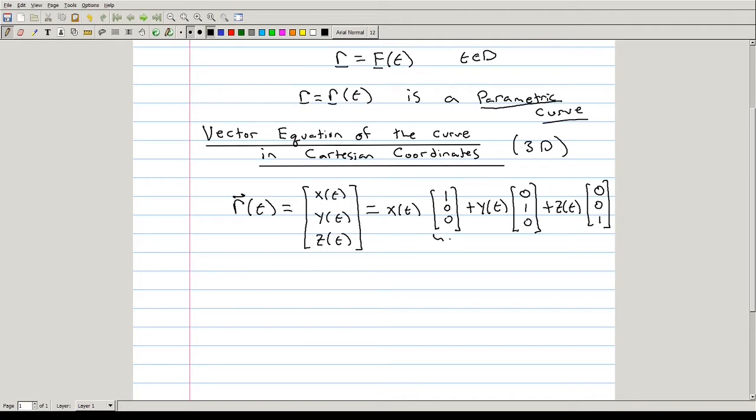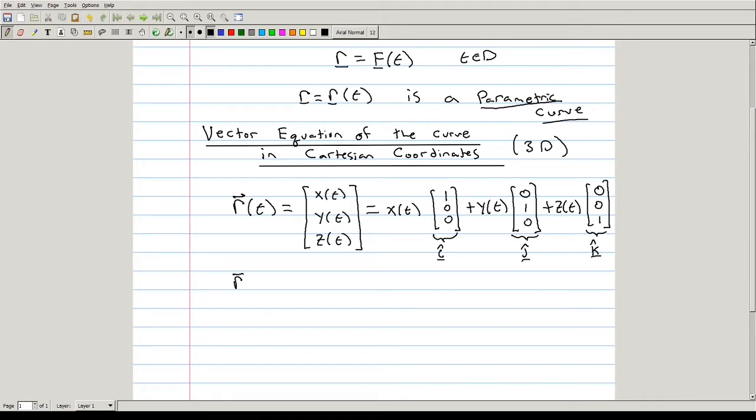Typically, notation-wise, we can call this vector i hat, this vector j hat, and this vector k hat.